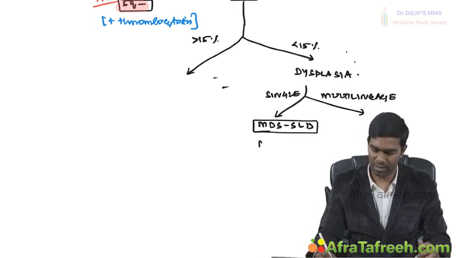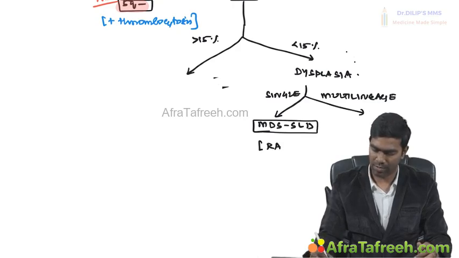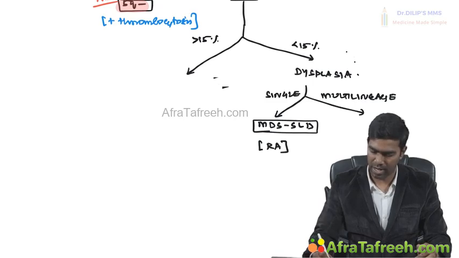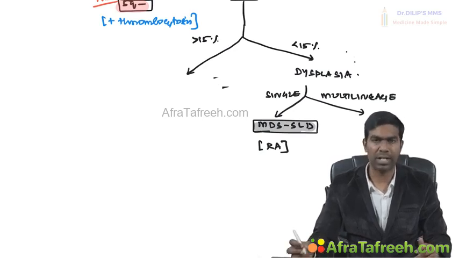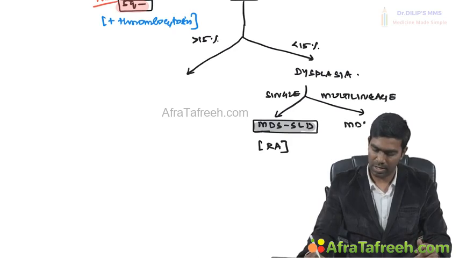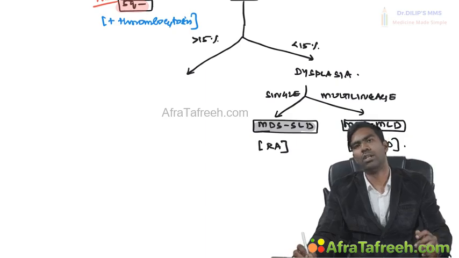Very commonly in the previous era we would call it RA, or refractory anemia with single lineage dysplasia, or simply refractory anemia. This is the old classification, but currently we call it MDS with single lineage dysplasia, where you typically see anemia. If it's a multilineage dysplasia, you call it MDS with multilineage dysplasia, MLD, but the old name is refractory cytopenia with multilineage dysplasia.